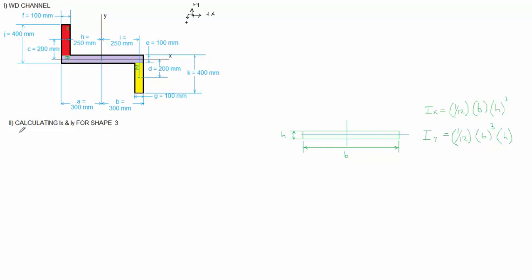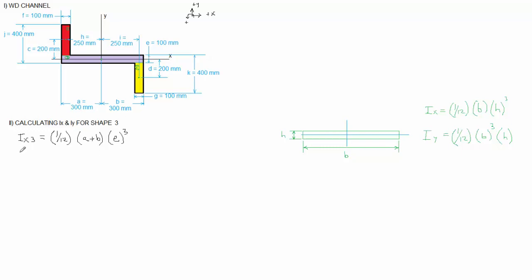Using those notes as a reference, one can see that the equation for the moment of inertia around the x-axis for shape 3 is this. 1/12 (a plus b) is the base, e is the height, and the height gets cubed because we're dealing with the x-axis.